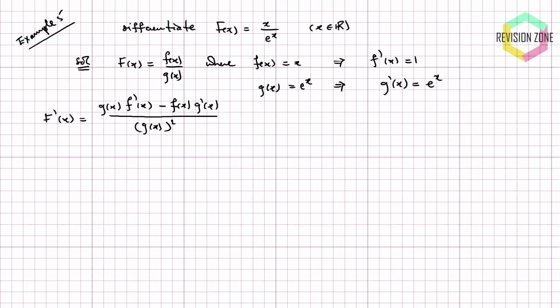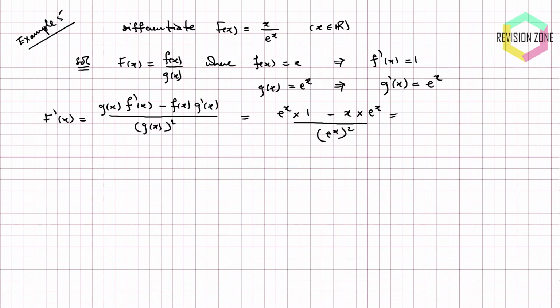So when we have that, I can go back to my formula for the quotient rule and just put things in, quite frankly. So my g is e to the x, my f prime is 1, my f is x, my g prime is e to the x, and the denominator is g, which is e to the x, but I'm going to square everything.